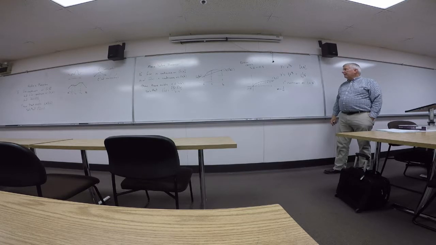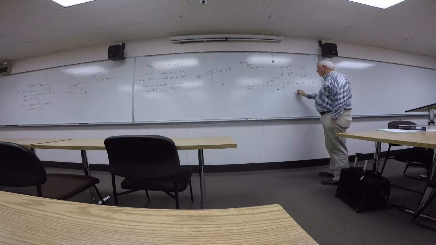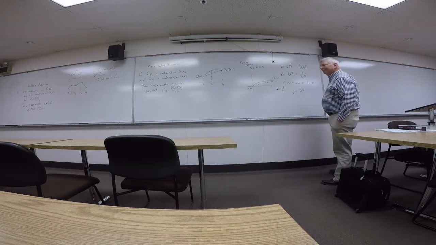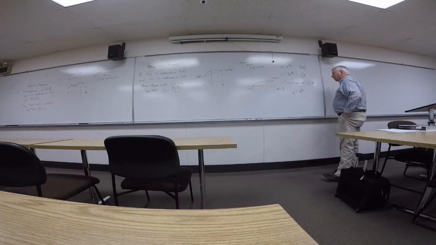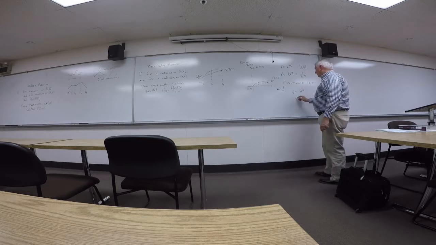So I want to find the value c here that makes this 1/4. That's easy enough. 1/4 is equal to 1 over 3 times x to the 2/3. Multiply both sides by x to the 2/3, and by 4, we get x to the 2/3 is equal to 4/3.